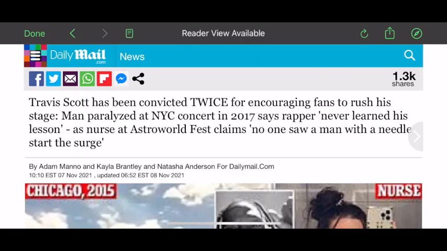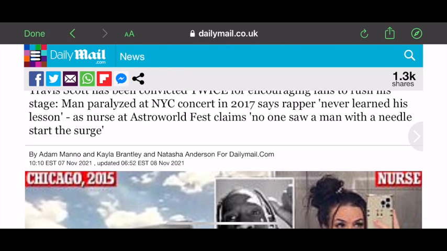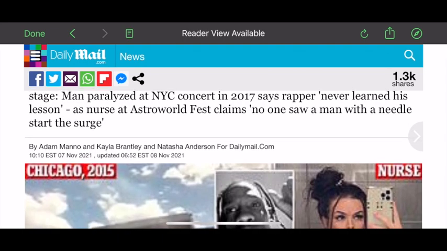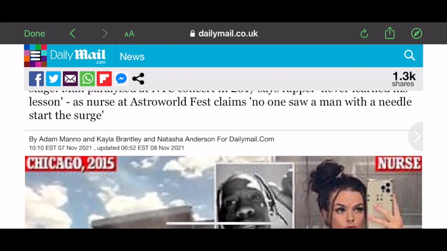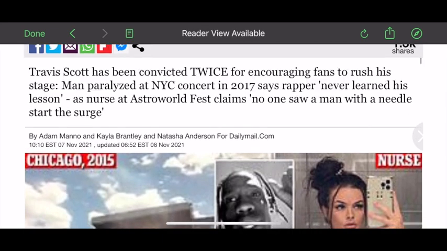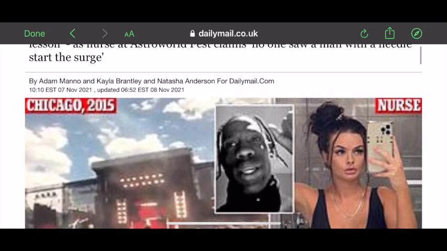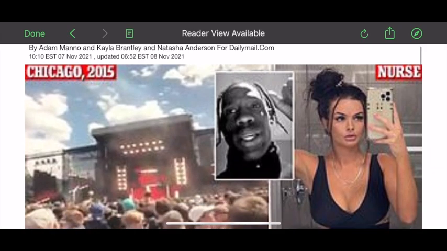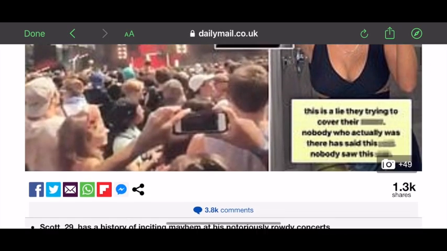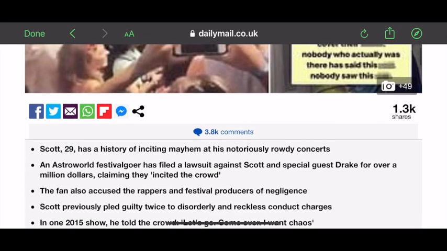Now, here's an article I want Pete to drop in: Travis Scott has been convicted twice for encouraging fans to rush his stage. Man paralyzed at NYC concert in 2017 says rapper never learned his lessons. Well, no, he didn't. And then he claims after the event, there was nothing he could do.